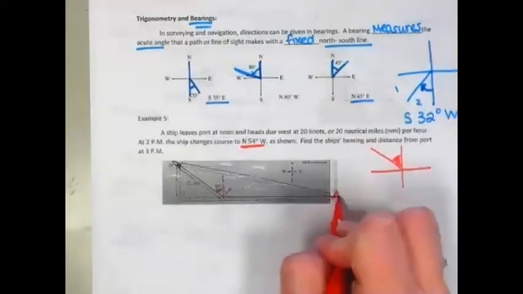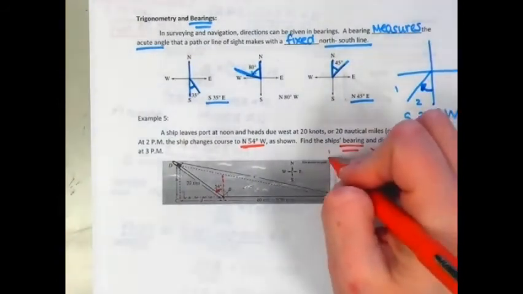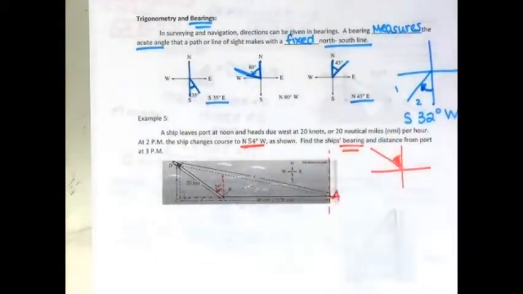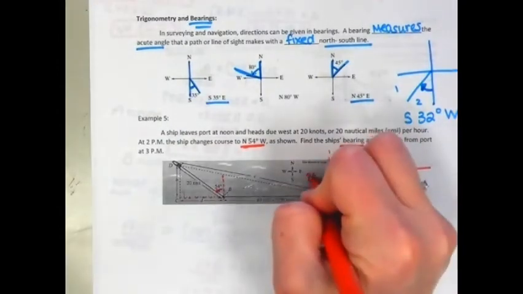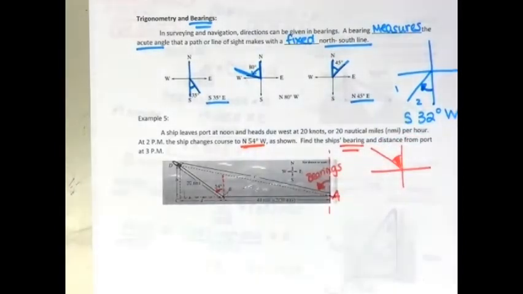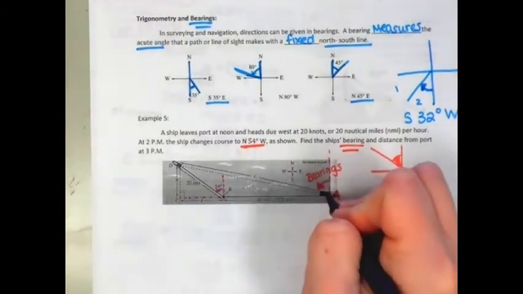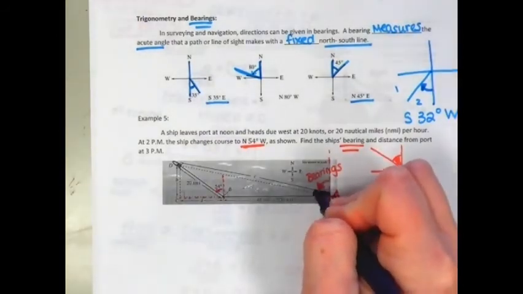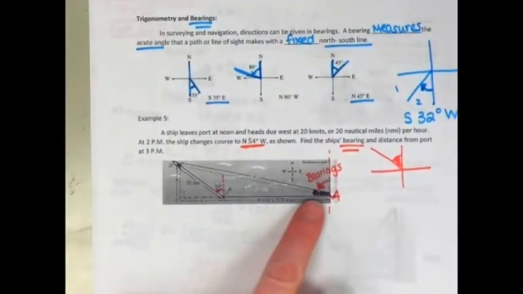Our port is down here at A. So when I want to know the ship's bearing, I am going to need to find the angle. If I draw a horizontal line here, my bearing would be based off of here. So this is the angle for my bearings. From my picture, I can only find this angle, couldn't I? We'll have to do a lot more work for that, but can I find this angle?